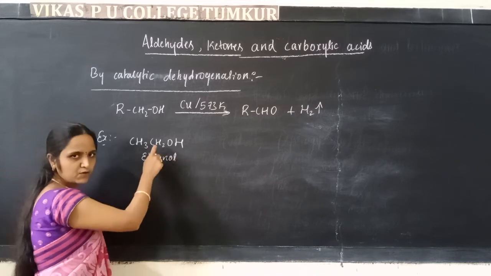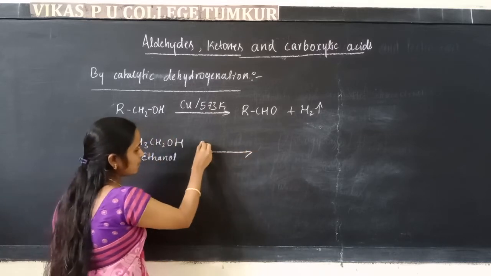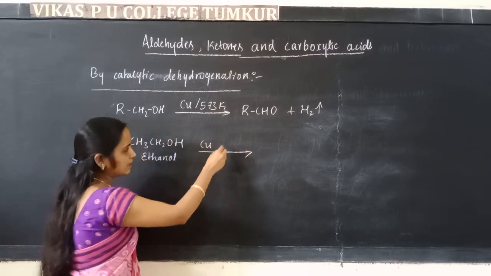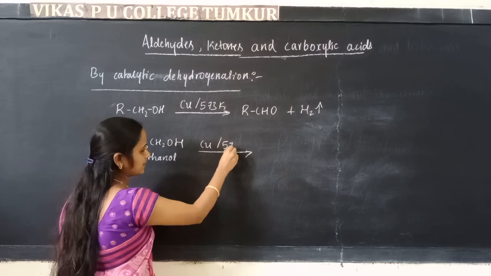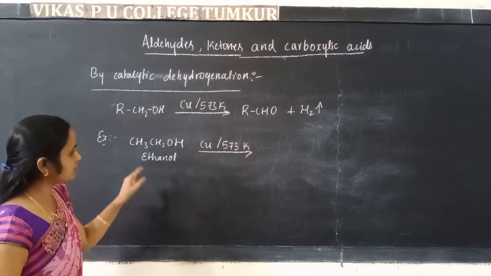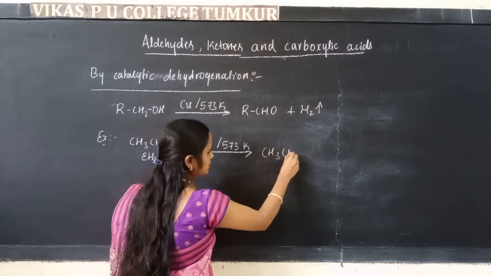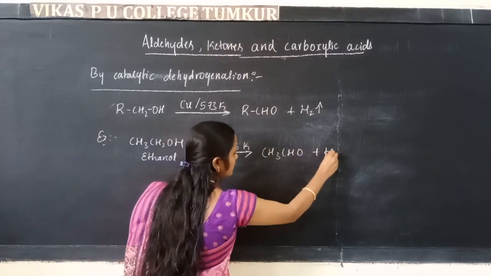The vapors of ethanol are passed through overheated copper at 573 Kelvin. At 573 Kelvin, we get CH3CHO with the liberation of hydrogen.